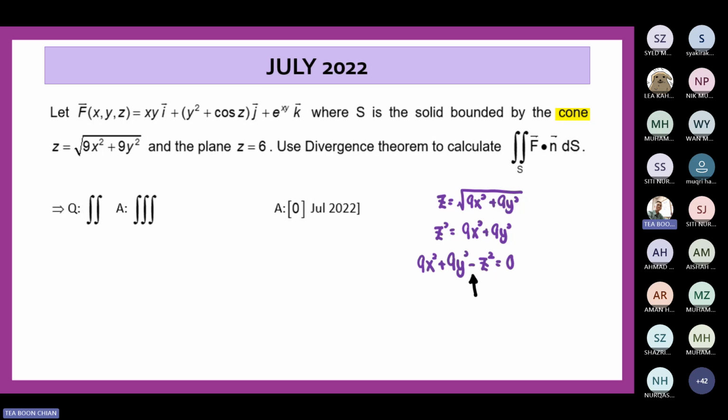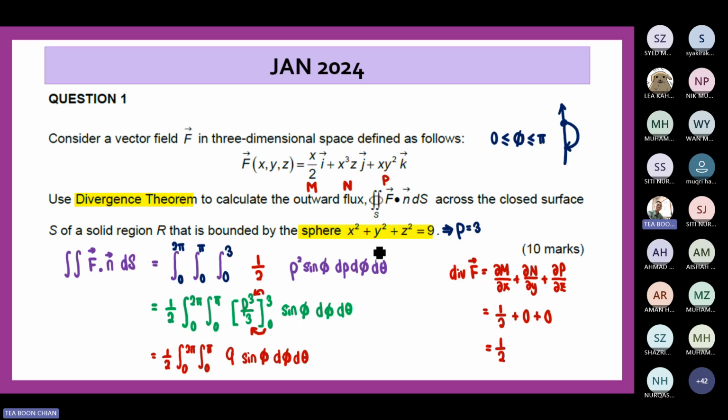If you flip back to the previous example that we went through just now, you notice that for all the sphere equations, x squared plus y squared plus z squared, all the variables are actually in addition operation. If all the squared variables are in addition operation, then yes, this is a sphere equation.